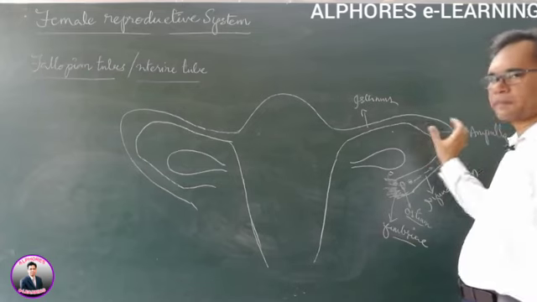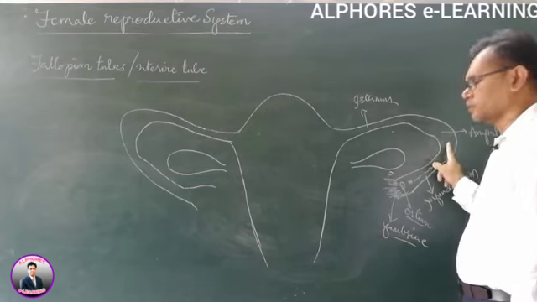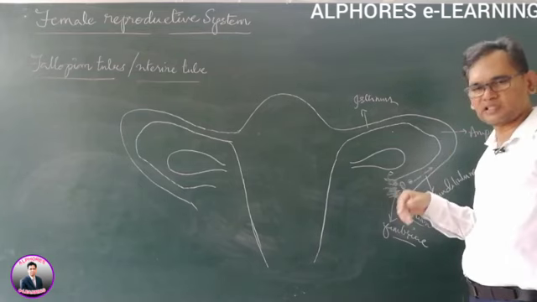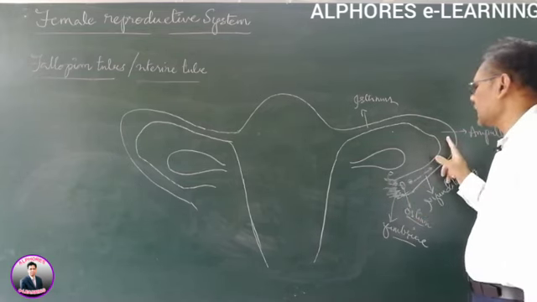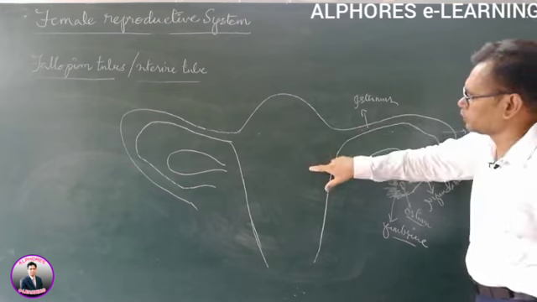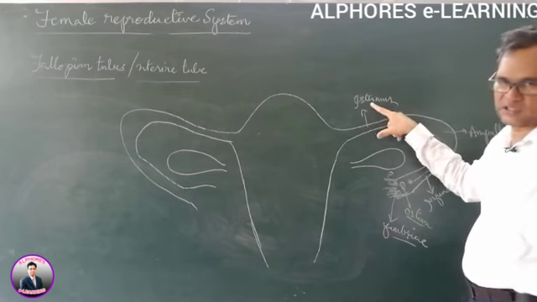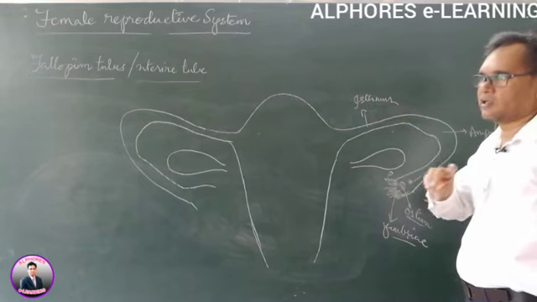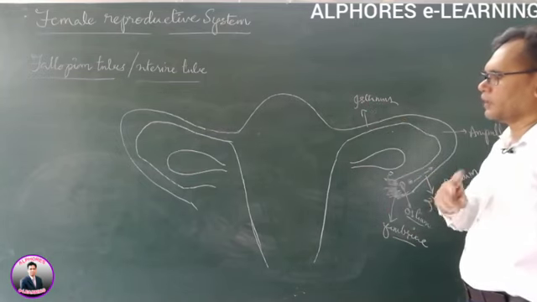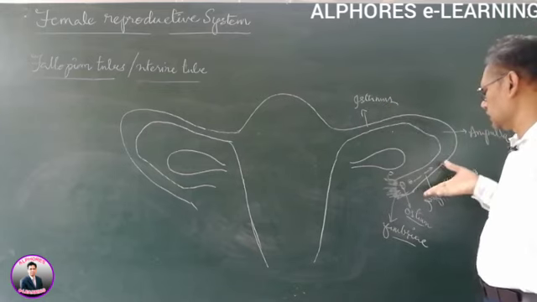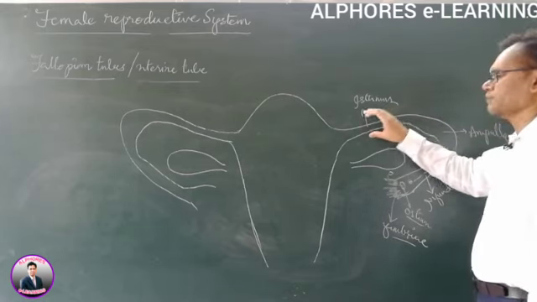Ampulla is the wider part of the uterine tube, or otherwise fallopian tube. Now, this ampulla wider part is connected to the uterus by another narrow tube. This is called as isthmus. Hence the fallopian tube is divided into three parts: the first, the second, the last. That is the infundibulum, ampulla, isthmus.